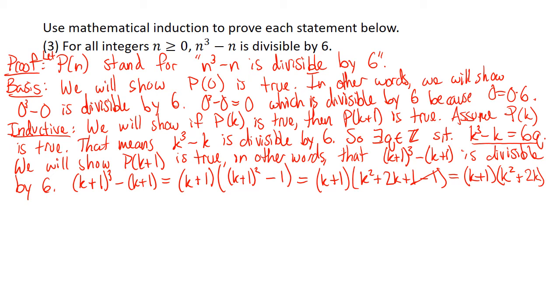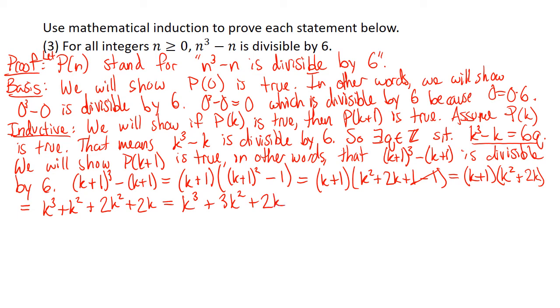So I'd really like to see a k cubed appear somewhere, and then I can replace it. So I'm going to FOIL this out. This gives me k cubed, then k squared and another 2k squared, and then 2k. Let me simplify that. This is k cubed plus 3k squared plus 2k.